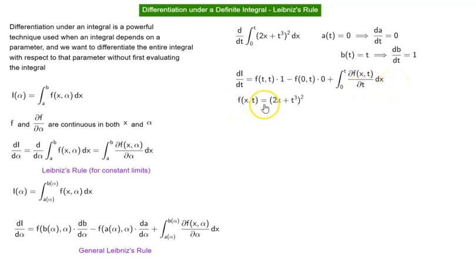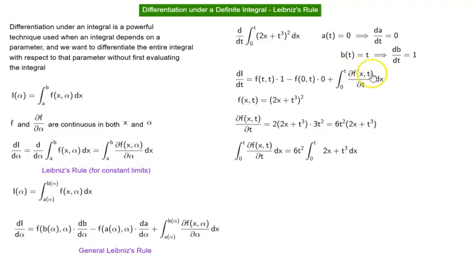Now we have f of x comma t equal to 2x plus t cube the whole square. Now let's evaluate the partial derivative. Partial derivative of f with respect to t will be 2 times 2x plus t cube times 3t square, which is equal to 6t square times 2x plus t cube.